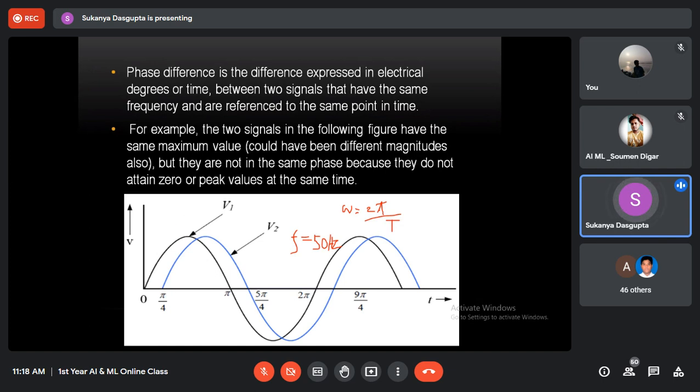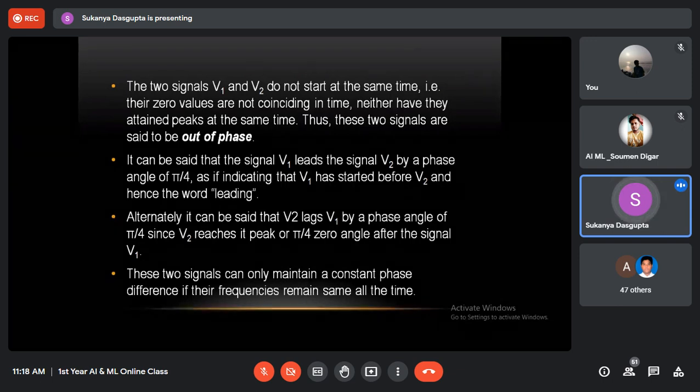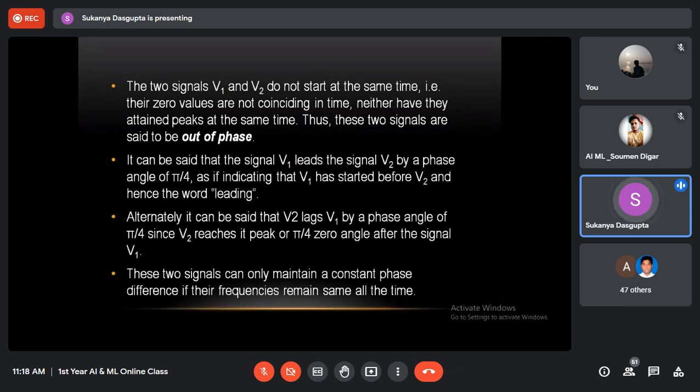Okay, so phase difference is the difference, expressed in electrical degrees or time, between two signals that have the same frequency and are referred to the same point in time. The two signals V1 and V2 do not start at the same time, that is, their zero values are not coinciding in time, neither have they attained peaks at the same time. Thus, these two signals are said to be out of phase. They are not in phase, they are called out of phase signals. Right?